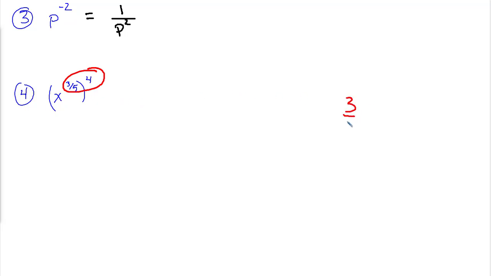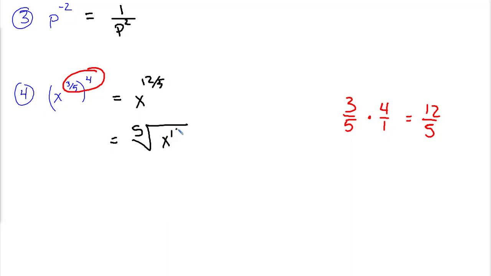And so 3/5 times 4 over 1 gives me 12 over 5. That can't simplify. So my answer is x to the 12/5, which when I rewrite that as a radical, is the 5th root of x to the 12th.